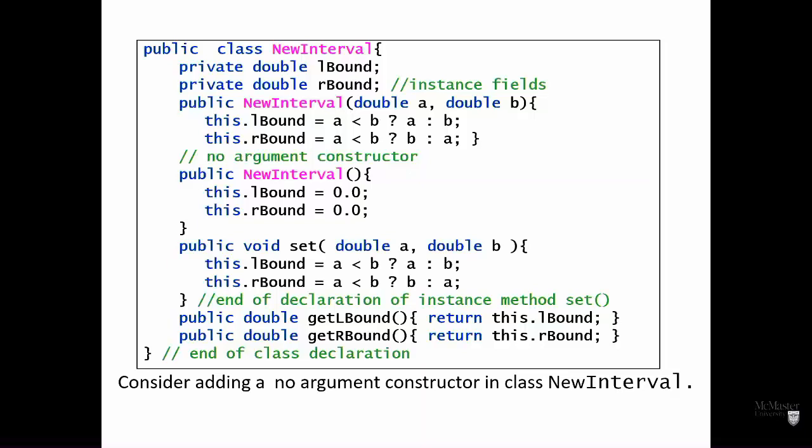So here what you say is, if A is less than B, then L bound is equal to A. Otherwise, L bound is equal to B. It's just an easier and faster way to write it. So this also exists in C, so you need to make sure that you know this. A condition and two different values. If the condition is true, it gives you this. If the condition is false, it gives you this. Good? Thank you.